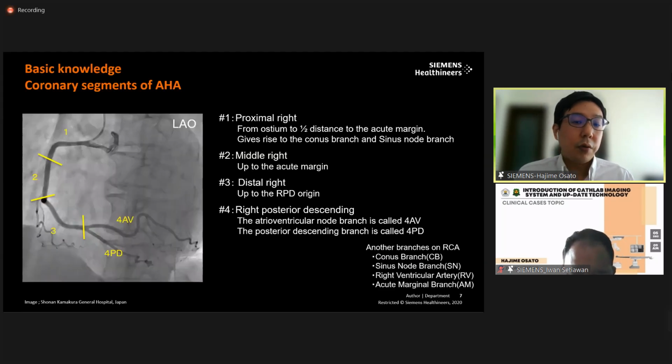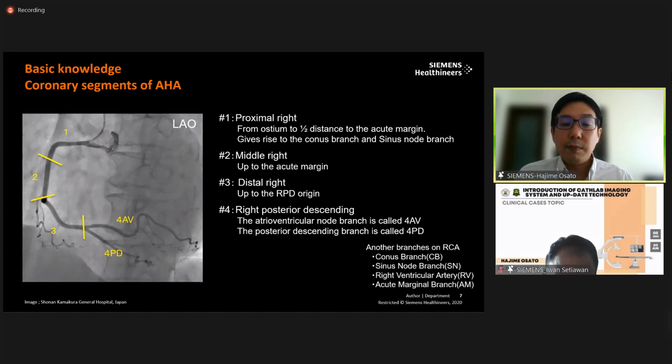So look at each vessel. RCA is segments number 1 to 4 in the AHA segmentation. An important side branch derived from RCA is the conus branch. It supplies blood flow to the RV outflow part.